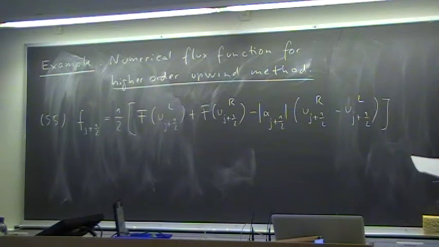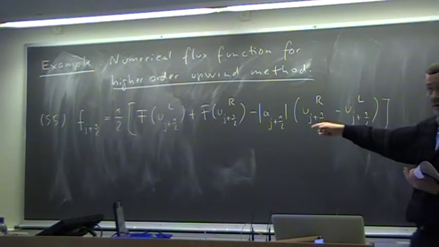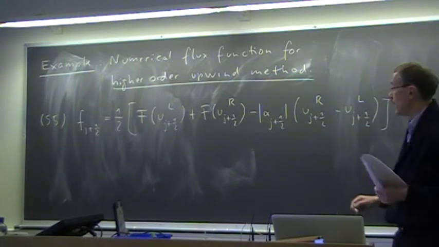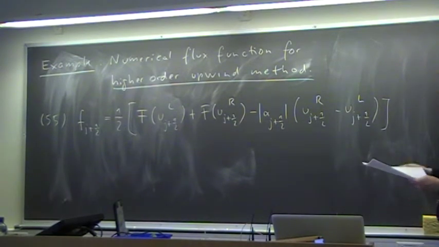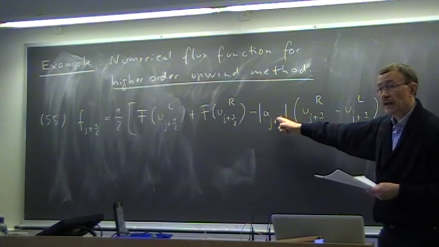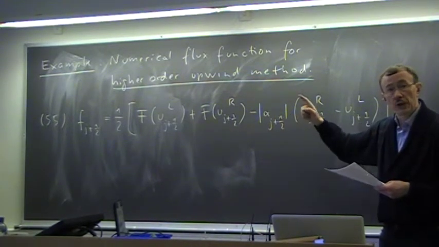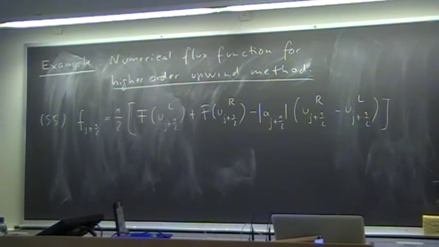So that is then our flux function. So you see, it is just the same as what we had for the upwind method that we discussed all the time before. The only difference is that instead of u_j, we have now the extrapolated value from the left. Instead of u_{j+1}, we have the extrapolated value from the right. That's all. And also when we evaluate the characteristic speed, we use these new values.